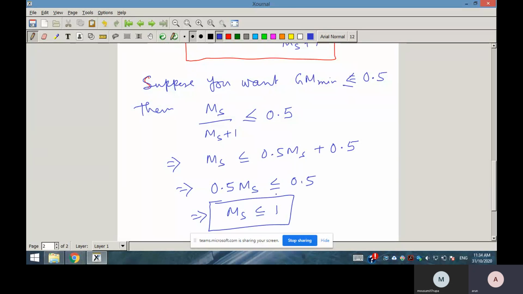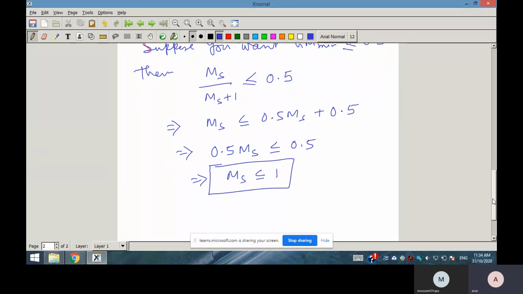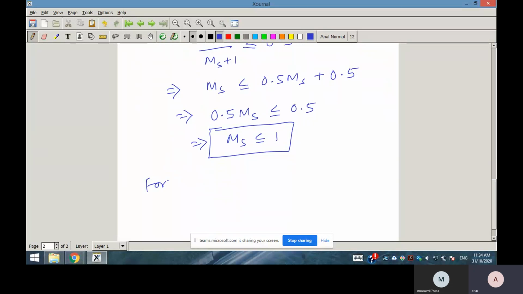So this is for a good design. Normally for a good design, as I said, MS is approximately equal to 2, MS is less than 2.